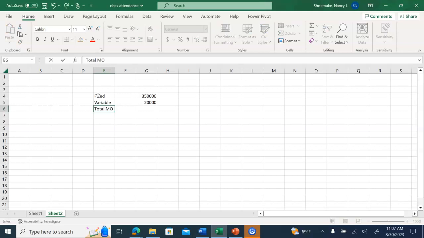Total manufacturing overhead should be the combination, $370,000.